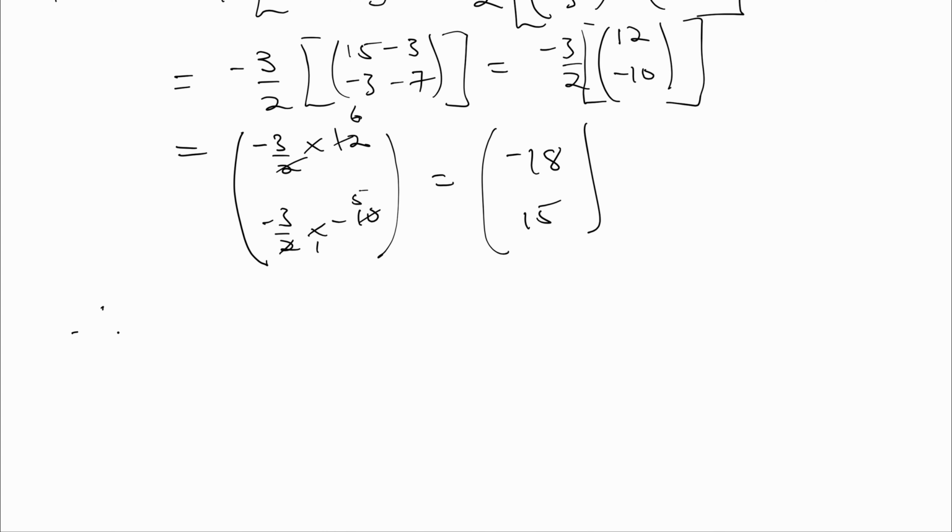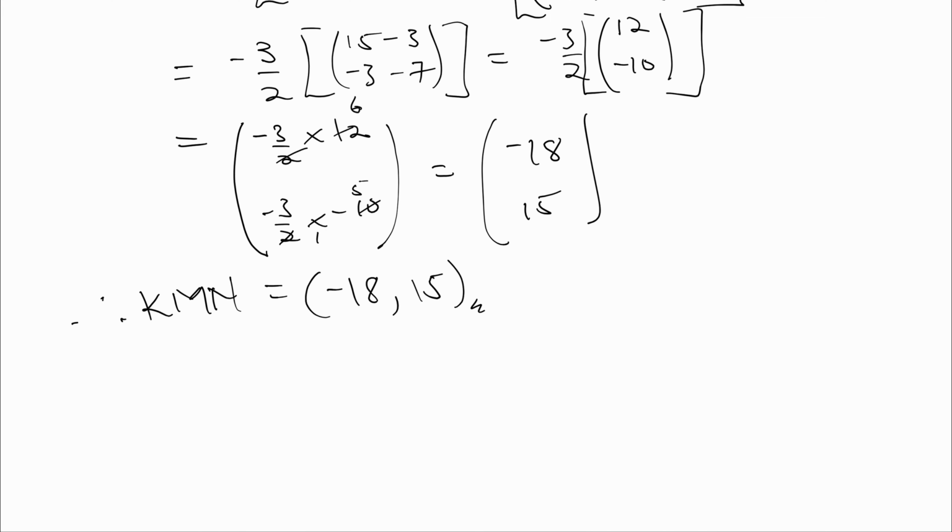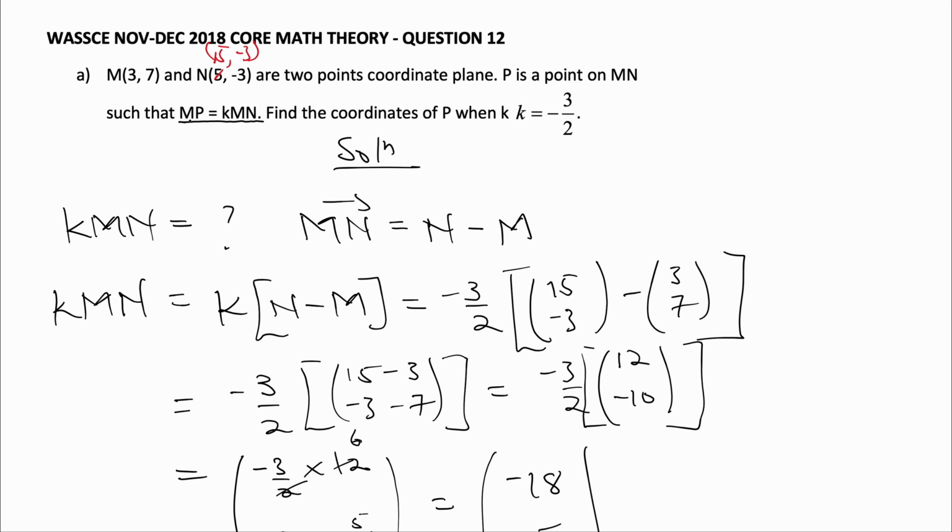So therefore, kMN is equal to (-18, 15). But from the question, MP is equal to kMN.